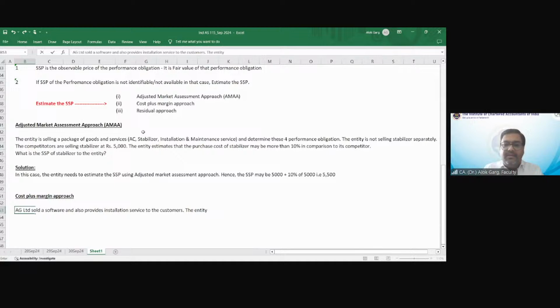The entity does not provide installation service separately and always sells software and installation together.